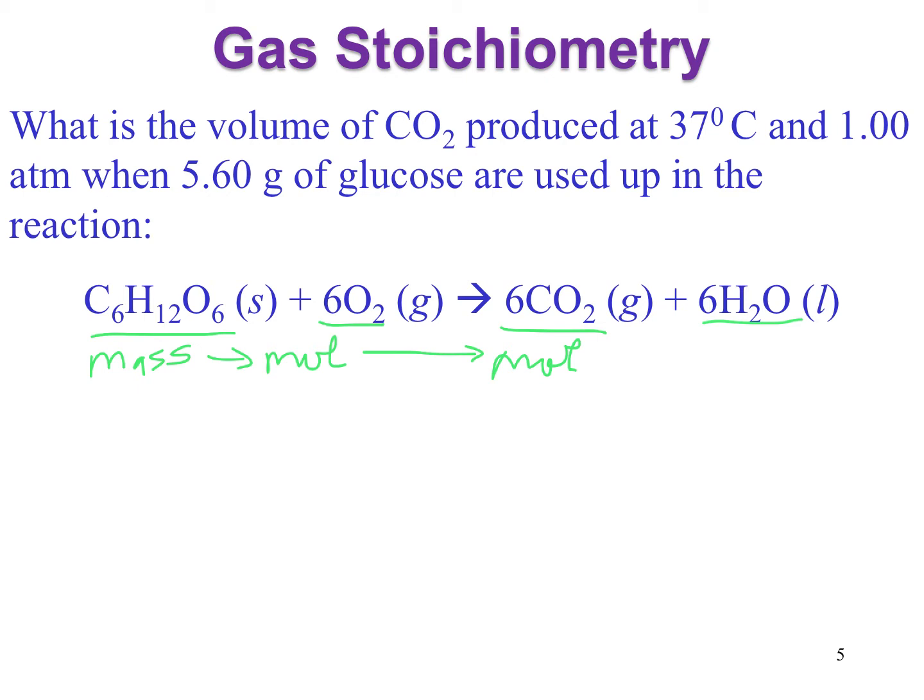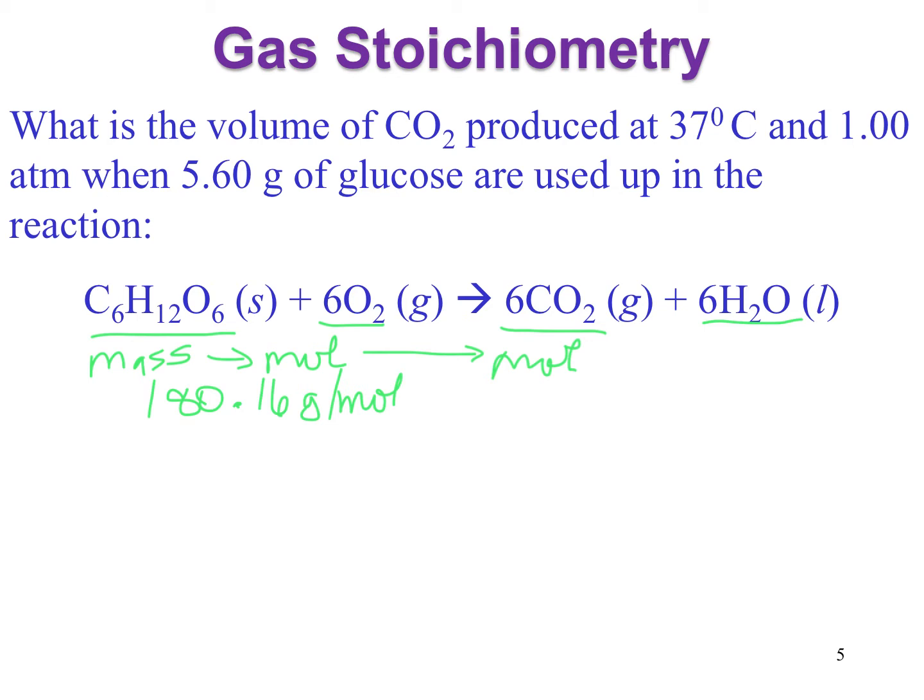The moles of carbon dioxide will be used in the ideal gas equation, PV equals nRT, to calculate the volume of the gas produced. The molar mass of glucose is 180.16 grams per mole. The temperature in Kelvin is 37 plus 273, which is 310 Kelvin. The pressure does not need to be converted as it is already in atmospheres.